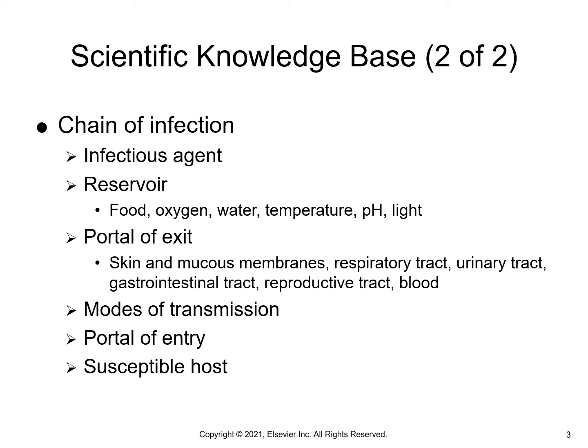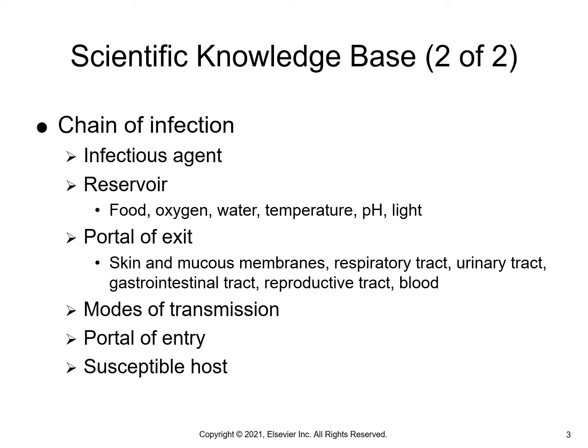You will see the chain and how it's a circle chain, and there's an arrow. So the arrow goes from the infectious agent grows into the reservoir, then that place is maintained, and then they're living until they find a portal of exit.